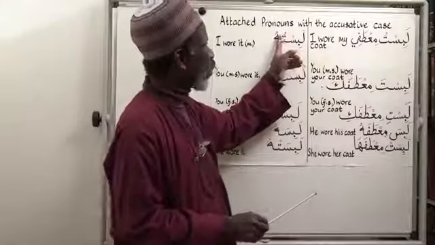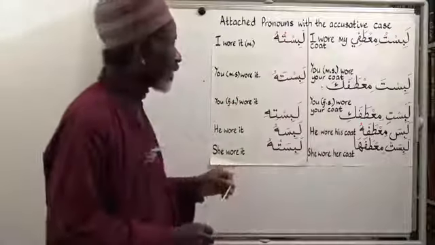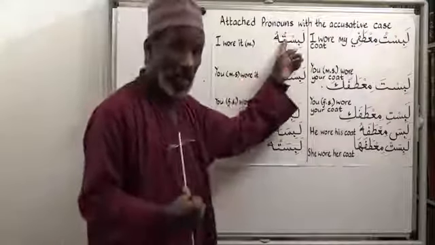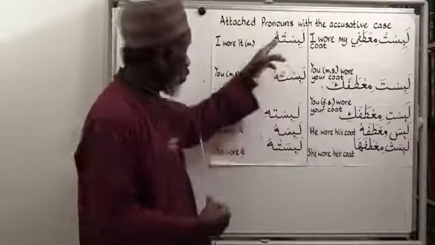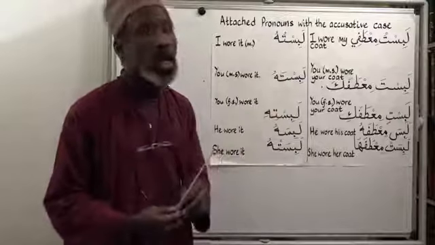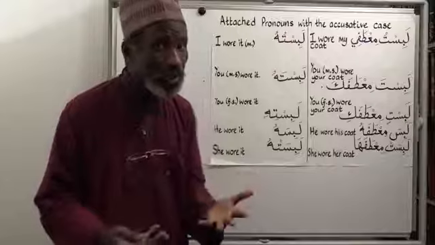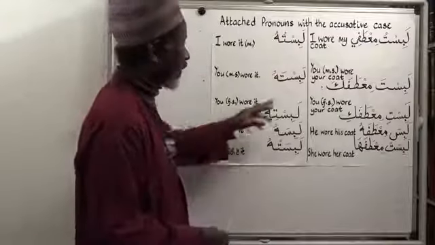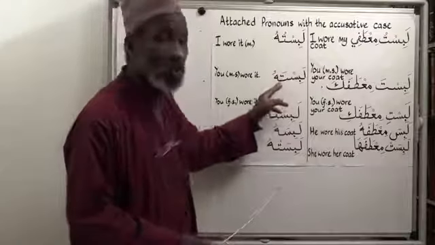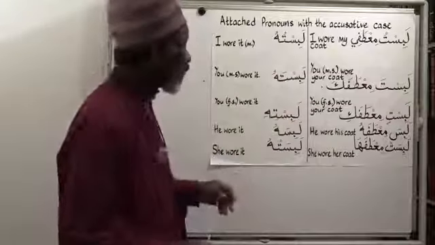Here, labistuhu, I wore it. I'm the subject, so who is the object? It's not carrying fatha, even though its position is fatha. I wore it. Labistahu, you wore it, the same thing.